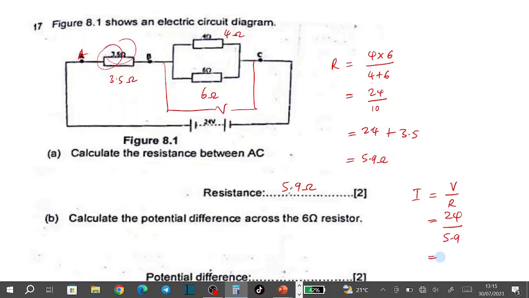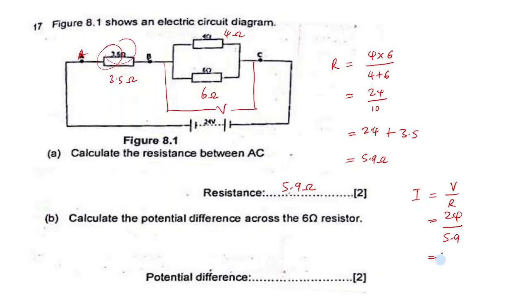So that is the current. Okay, let me just assume that it is just 4 amps. But what we are interested in is the voltage here. So voltage here is going to be this resistance we found here, 5.9, times the current, which is 4 here.